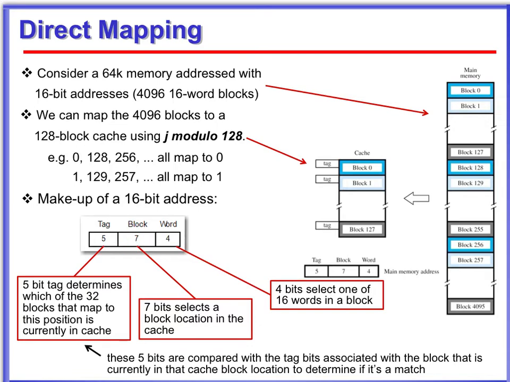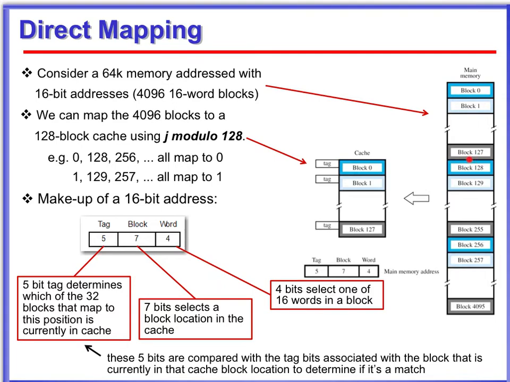These 7 bits will tell us which block in cache to look for this word in, because this block here will be written to here, which would be block 0, so these will all be 0. And then finally, we got to know, is this the correct one of these 32 blocks? That's what the tag tells us.